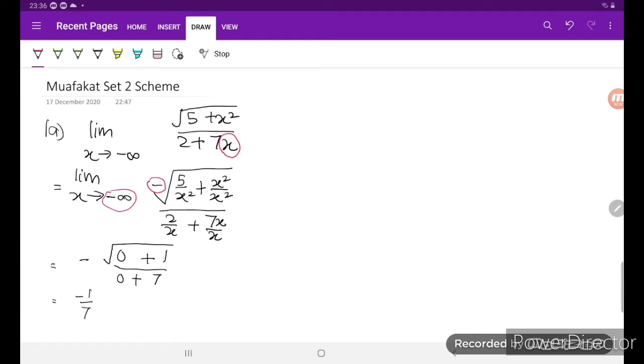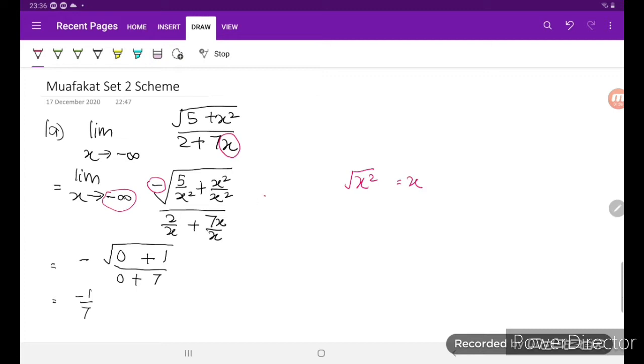So the denominator will be divided by x, and the numerator will also be divided by x, but in this case the numerator has a surd, so it should be written as surd x squared, because surd of x squared is the same as x.